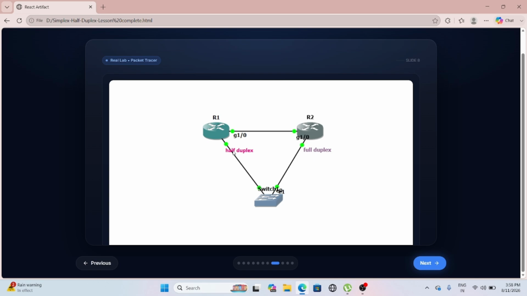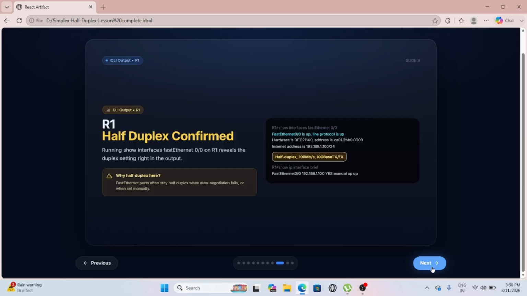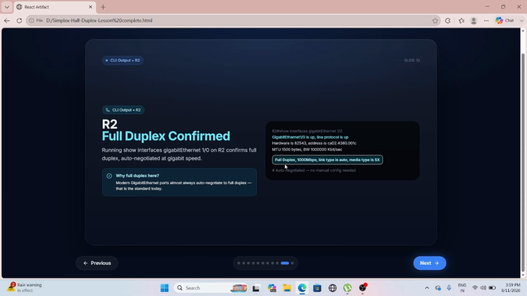When I use the appropriate command, we can see the interface duplex settings. Here, the interface is operating in half duplex mode. And this is the full duplex mode. So these are the two differences between half duplex and full duplex.